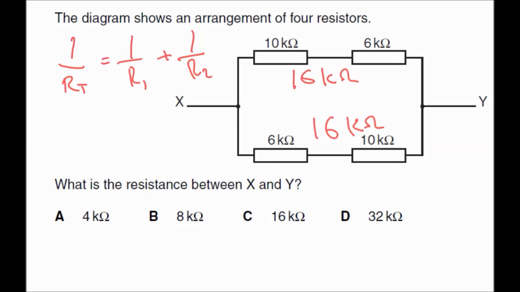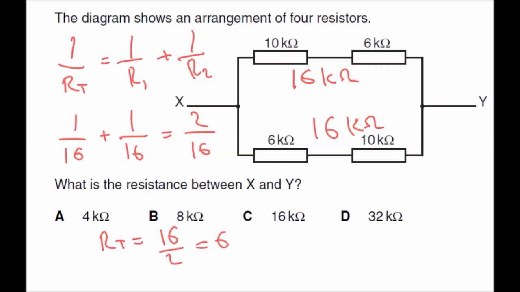So 1 over 16 plus 1 over 16, we get 2 over 16. So therefore RT is equal to 16 over 2, which equals 8, and I kept the units in kilo ohms, so therefore our answer is B.